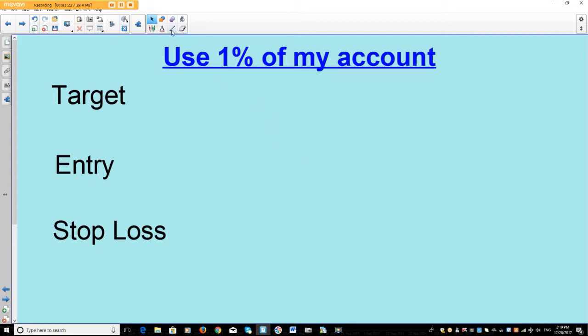Say for example you're using 1% of your account, and let's say we're using a £1,000 account. To find 1% of anything, we divide by 100. So 1% of, okay, let's make this a £10,000 account.